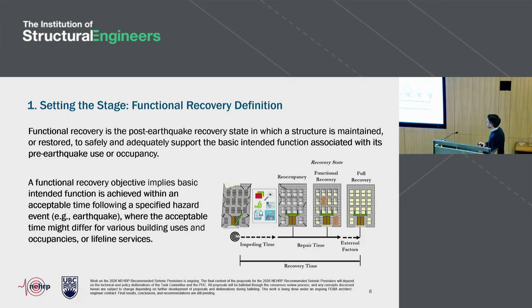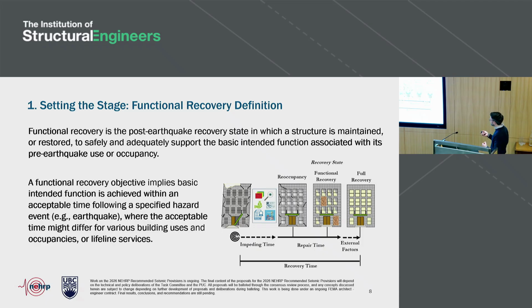I have a little cartoon here to the right that kind of describes what happens after an earthquake if a building experiences damage, and it's recognizing the fact that there might be a series of impeding factors, things that need to be addressed before we can do repairs, like the post-earthquake inspection of the building, mobilizing an engineer or a contractor to do redesign work, retrofit work, and then carry out the repair activities, financing, permitting, and so on, things that are very real, right, and take time, and you need to address before you can start doing repair work to then reach different recovery states.